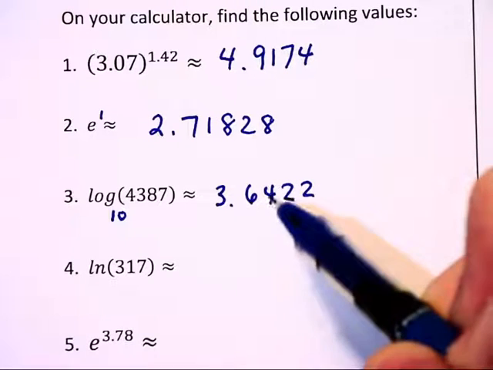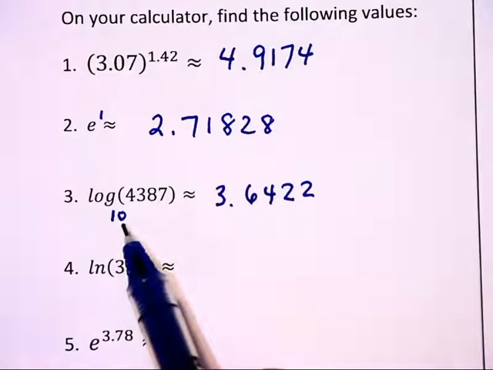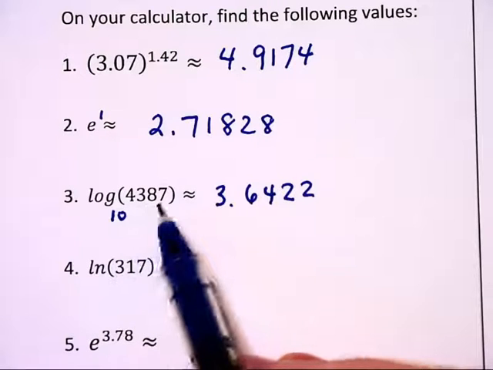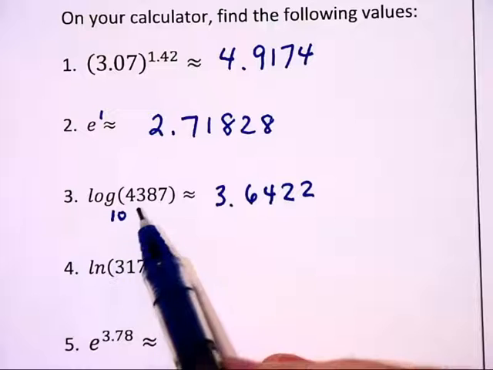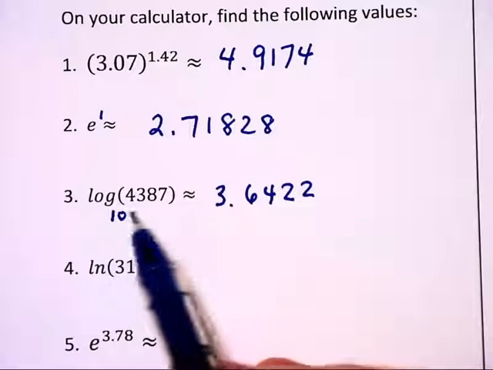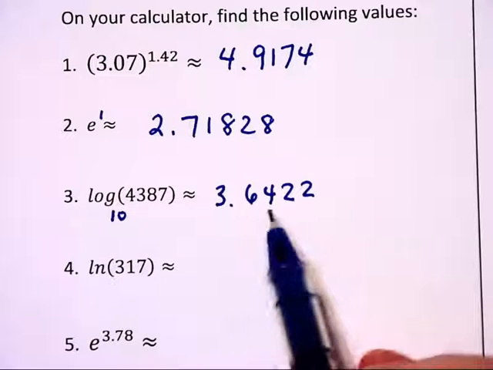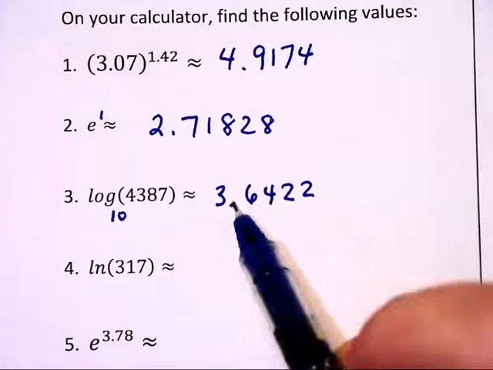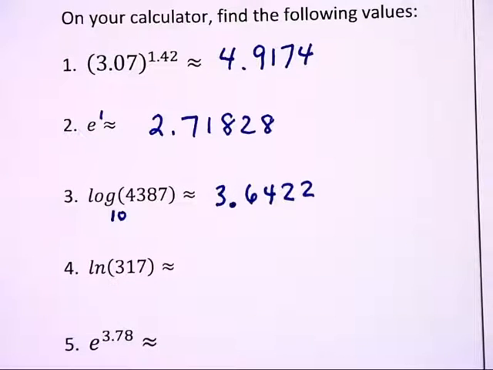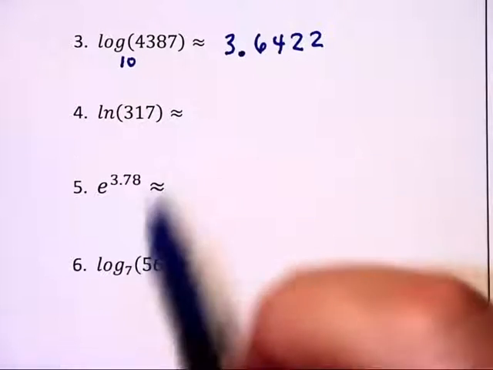And if you think about it, you know that 10 to the second is 100, 10 to the third is 1,000, 10 to the fourth is 10,000. Well, that's between 1,000 and 10,000, so we would expect the value of the logarithm to be between 3 and 4, as it is.